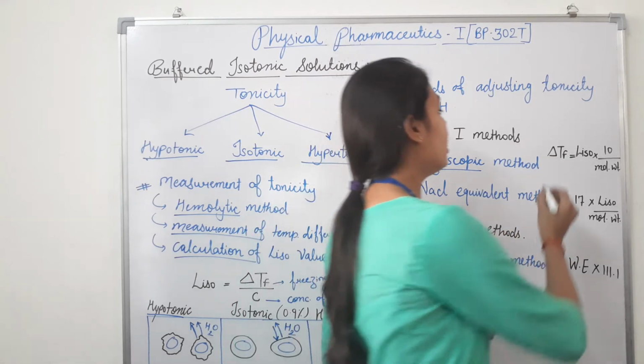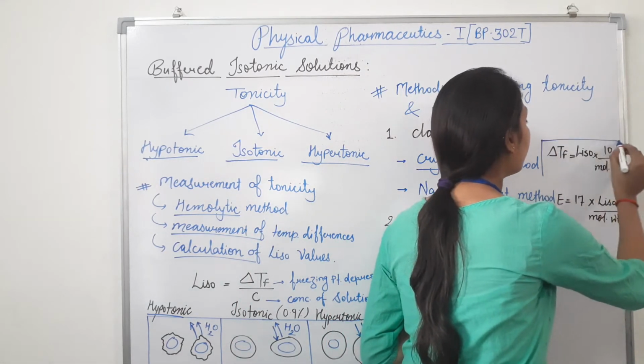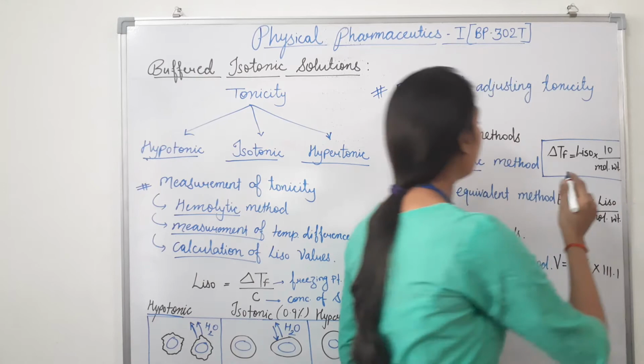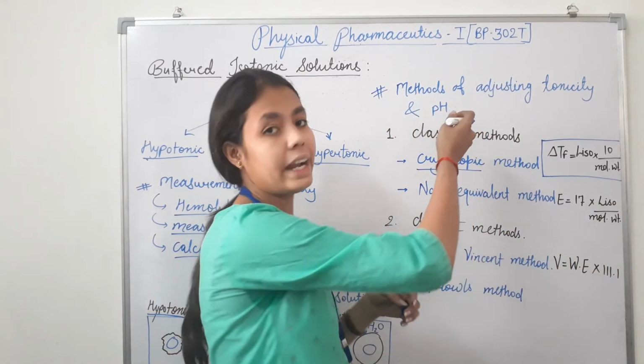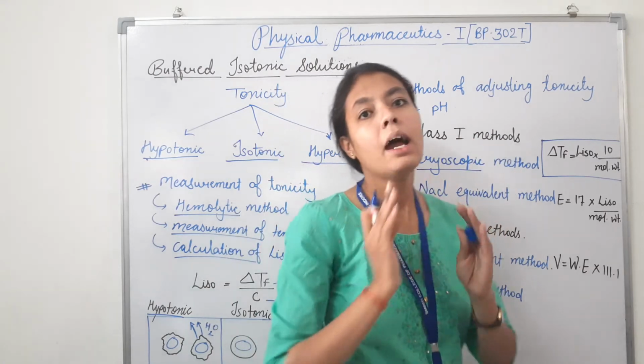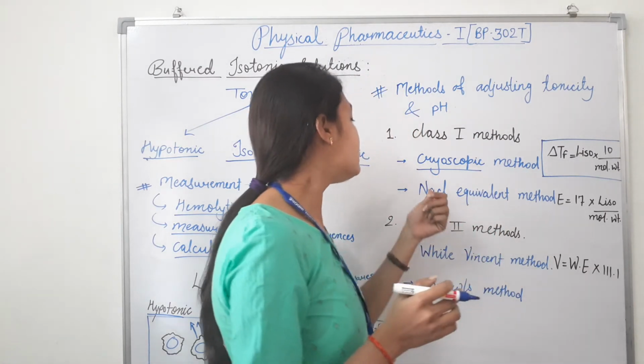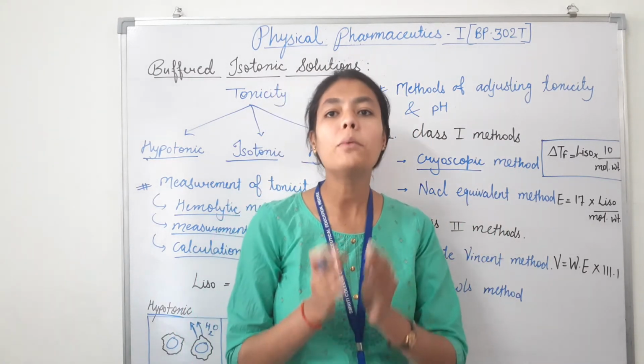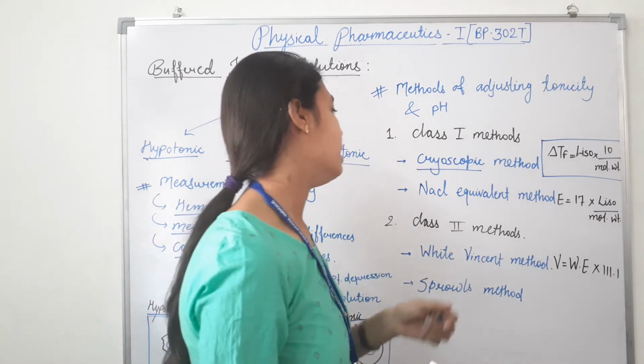This is the equation to adjust the tonicity on the basis of the cryoscopic method. After that, the second method is the sodium chloride equivalent method.